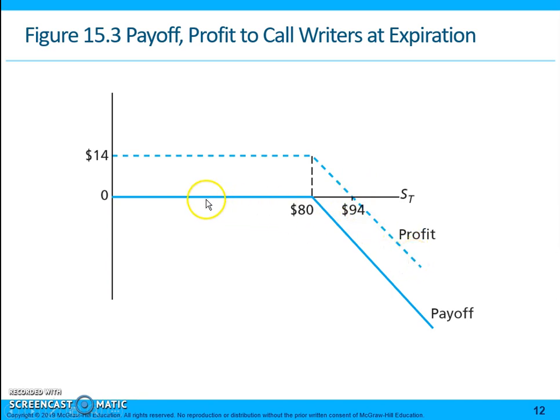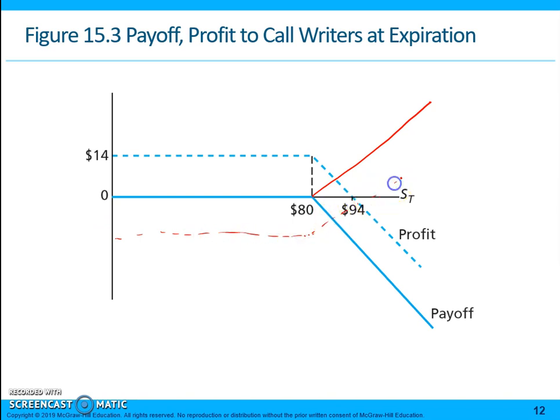So again, if you think about it, if we had a call bought, it would just look like this. It would go along here and go up, and then recall that the profit would look something like this.